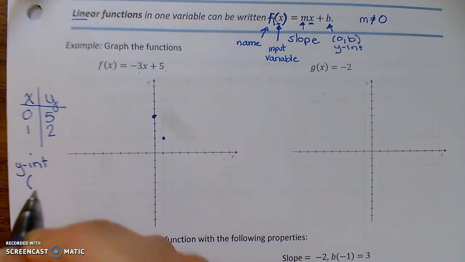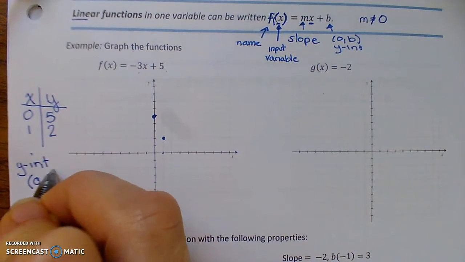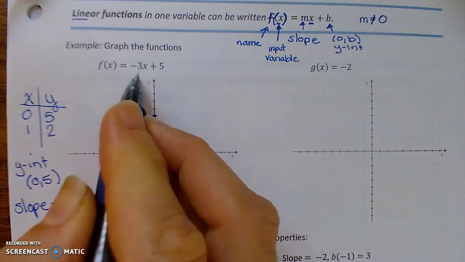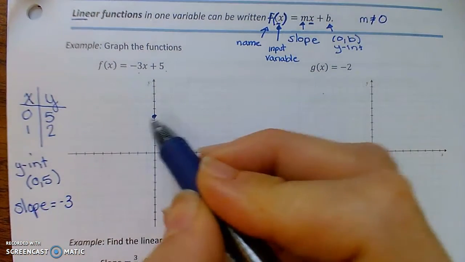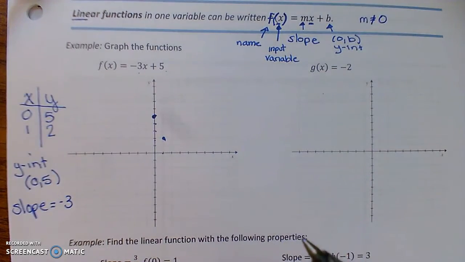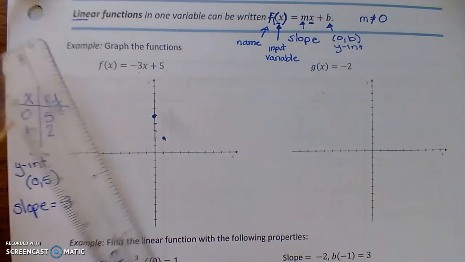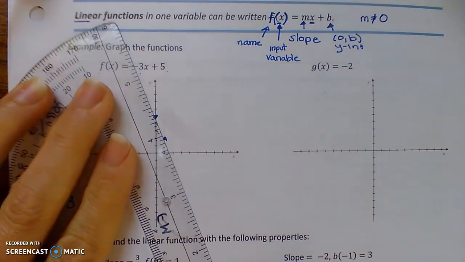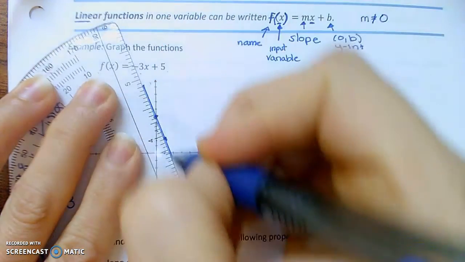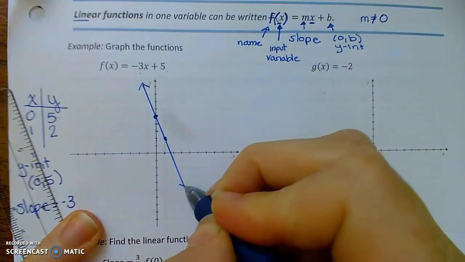Y-intercept is 0, 5, and the slope is negative 3. So you could have started here and gone down 3 over 1 to get the next point. And now you can connect those 2 points by a nice straight line, putting arrows on the ends.